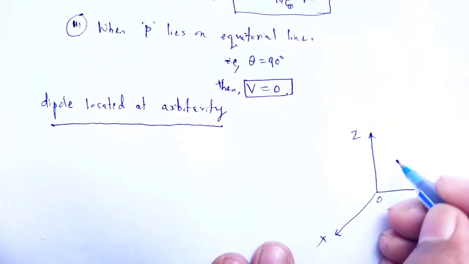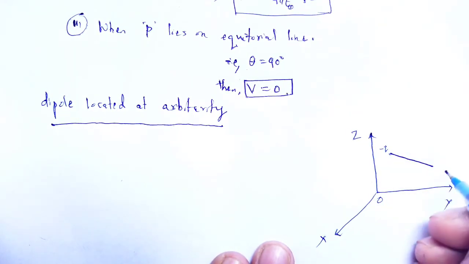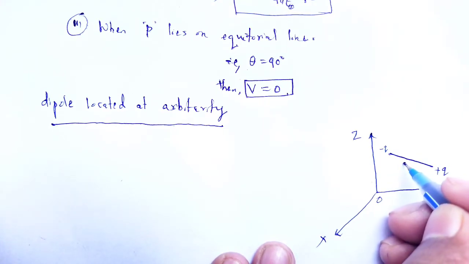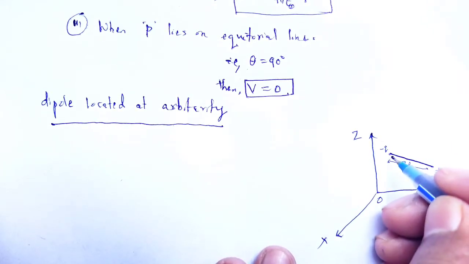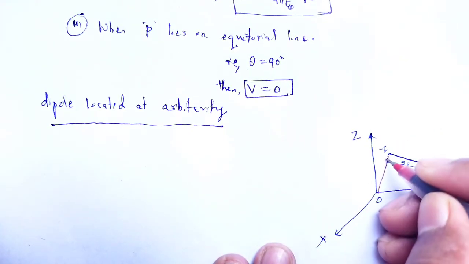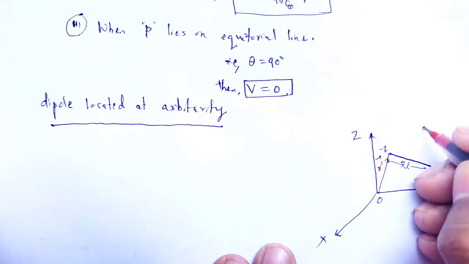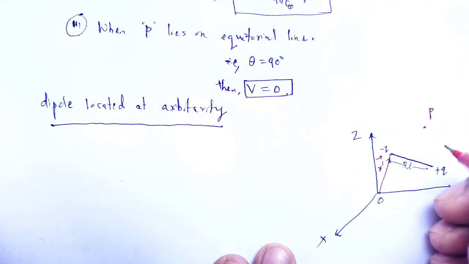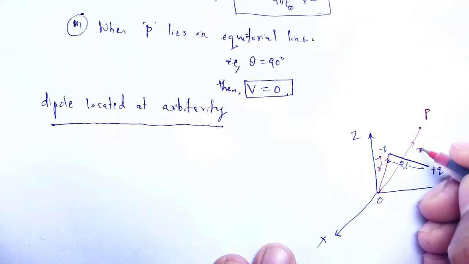Instead of origin, we take the dipole here, minus q, plus q, and the length of the dipole is 2l. Let the position vector of q be r dash vector, and here a point P where we have to calculate the potential due to the dipole has the position vector r vector.